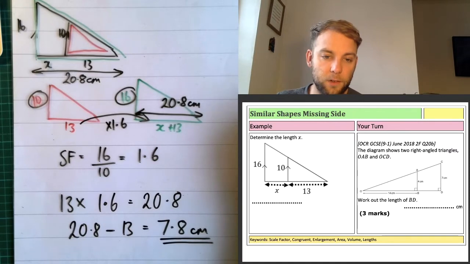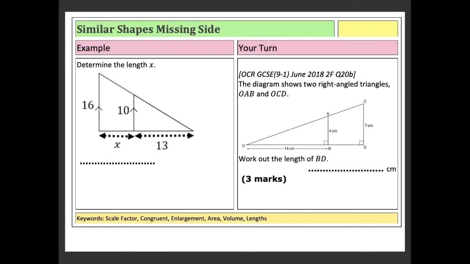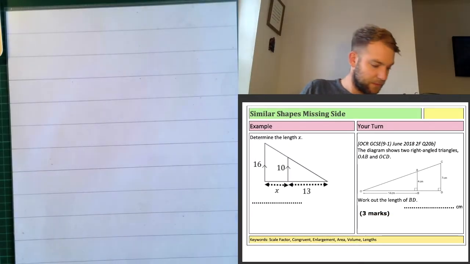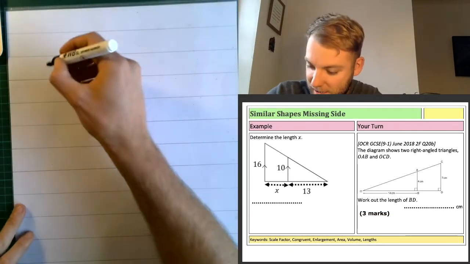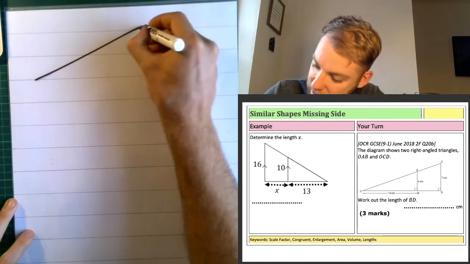Okay. So let's let you have a go at that one on the right hand side. So pause now and have a little go at that one on the right. Okay, let's have a go at it together then. So I'll draw it out again. This one here is example 6 now.